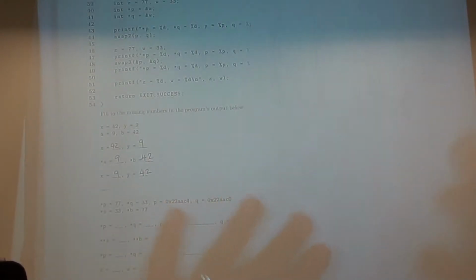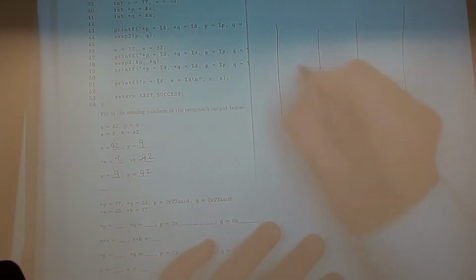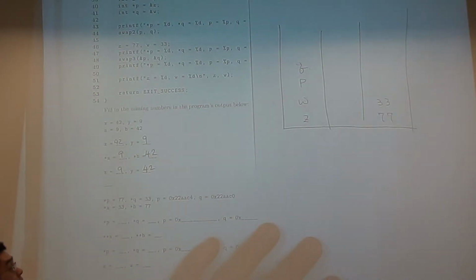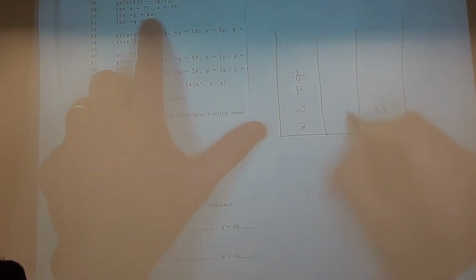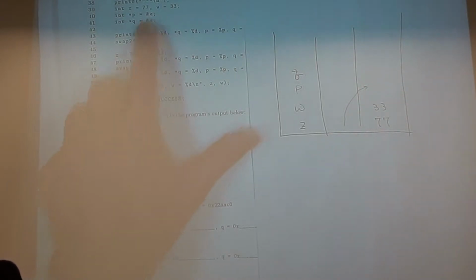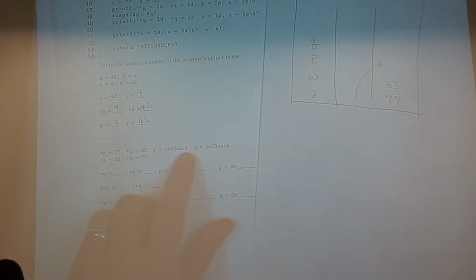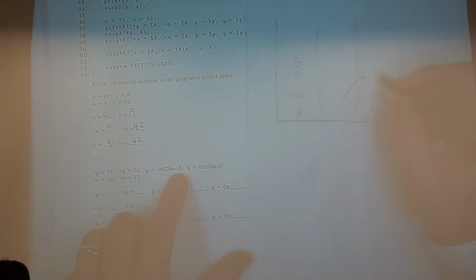So P and Q. P is a pointer. P's value is Z's address. So whatever address is here, it's going to be assigned here. And then we tell you P's value is C4, so I'm going to put C4 here.